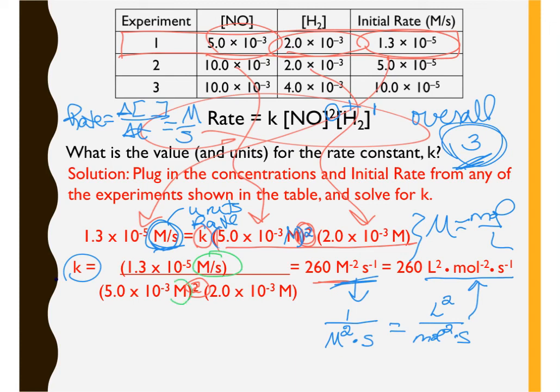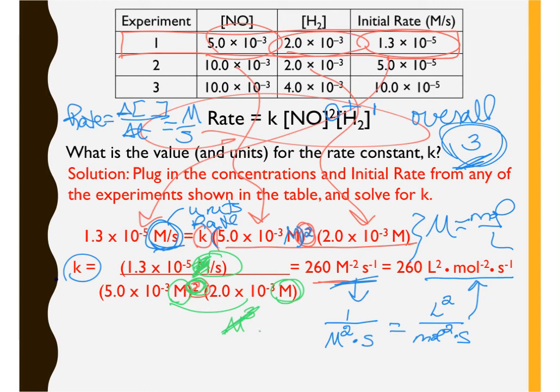We have on the bottom, molarity squared. And we have another molarity. So together on the bottom, we have molarity cubed. Hopefully you see that. So there's 1 molarity in the numerator. There's 3 in the denominator. So we can cross one of them out in the top and bottom, right?